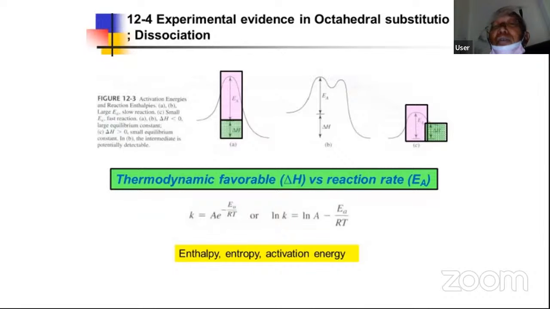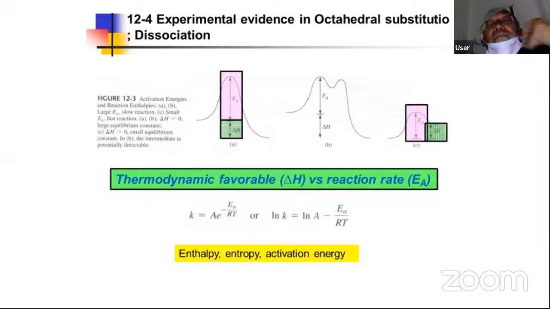If the kinetics is reasonable, then you can make use of the thermodynamics and the kinetic K to determine the activation energy. Activation energy will tell you how easy or how difficult the reaction can take place. So the combination of thermodynamics and kinetics is very important. That's why all chemists have to understand the basic concepts of thermodynamics and kinetics.